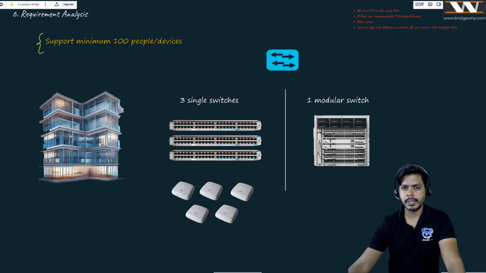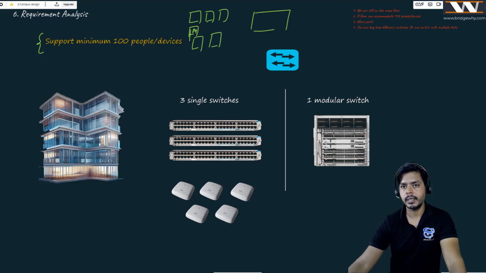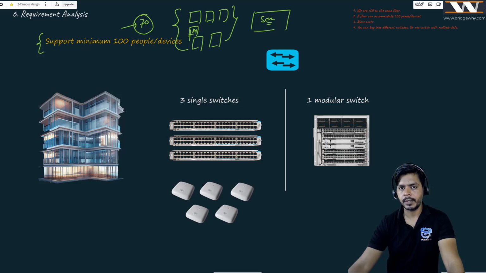If I say 100 people, those are not actually the people who are connecting, those are the laptops. Maybe mobile phones, printers, servers and screens are there too. So if there is a company of, say, 70 people, the number of devices might be way more, maybe 100, 120. So we are talking about 100 people or devices.